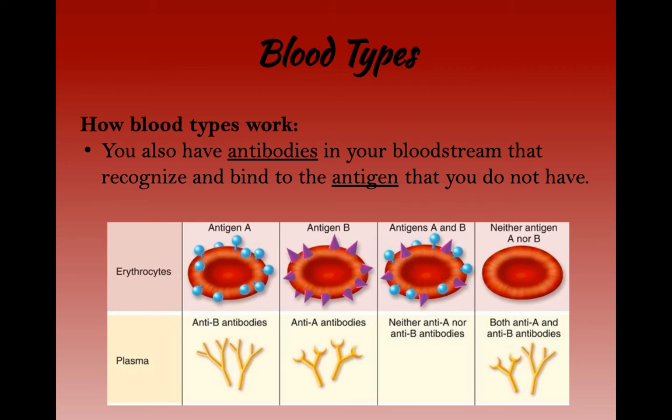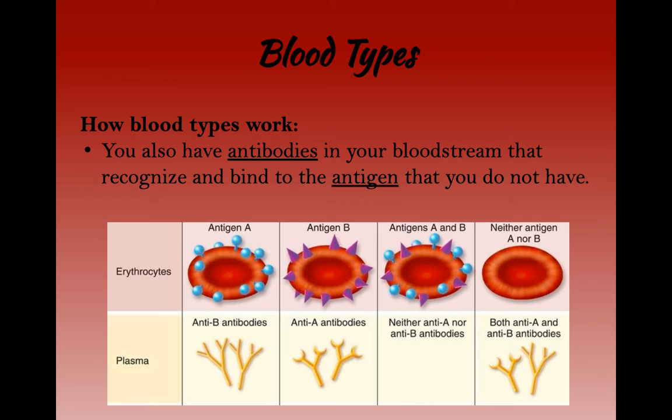Similarly, if you have B blood type, you've got B antigens, but you have antibodies against A. If you have AB blood, it means you have both A and B antigens, and you have no antibodies for the blood type antigens.